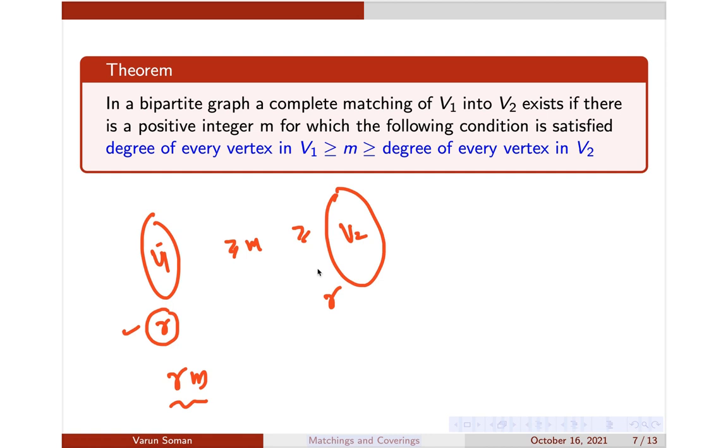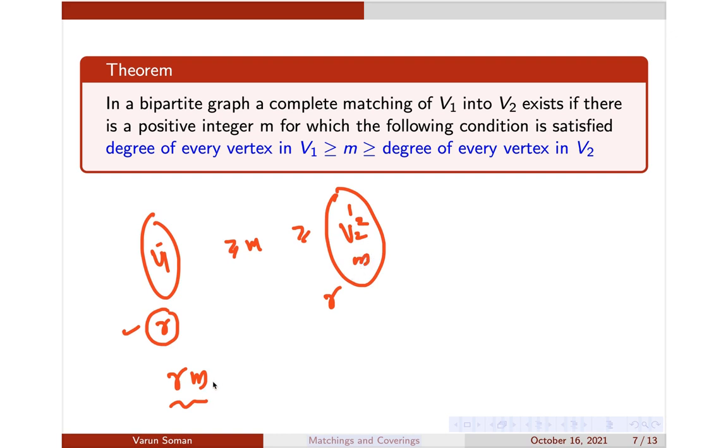Now how many different vertices could be there for these Rm edges in V2? You know that in V2 the maximum possible degree is m. Sometimes a vertex of V2 can have degree 1, sometimes it can have degree 2, but the maximum possible is only m.